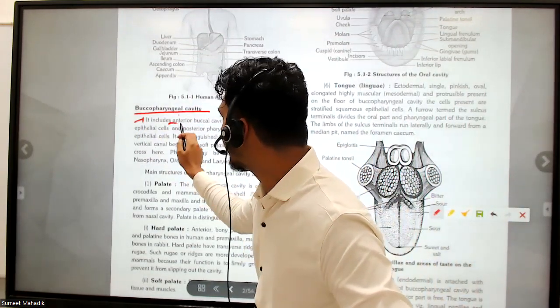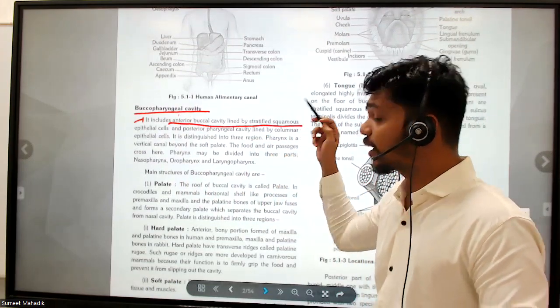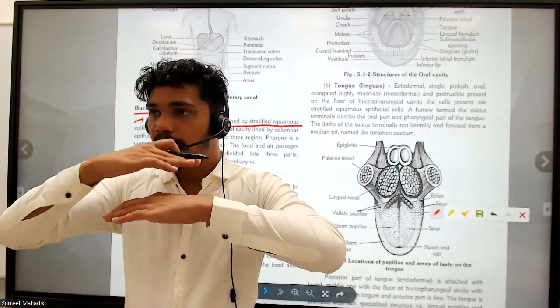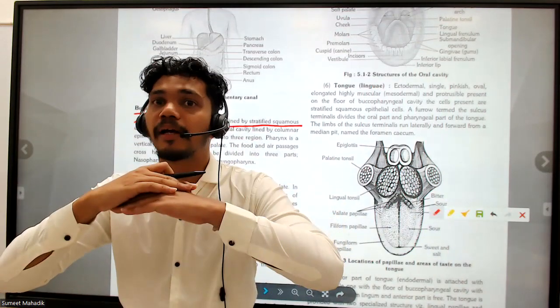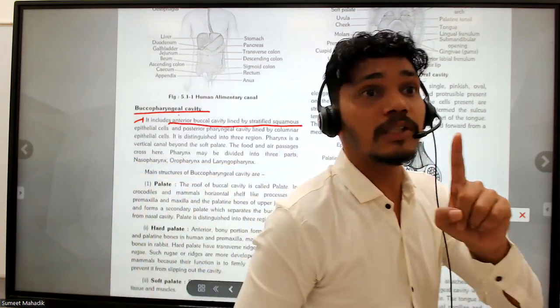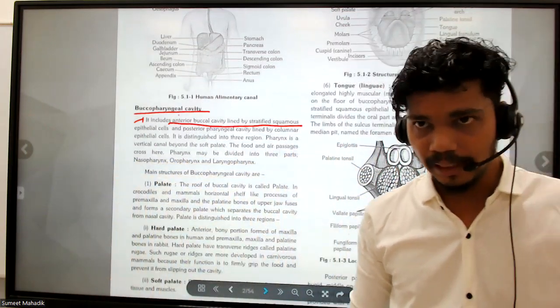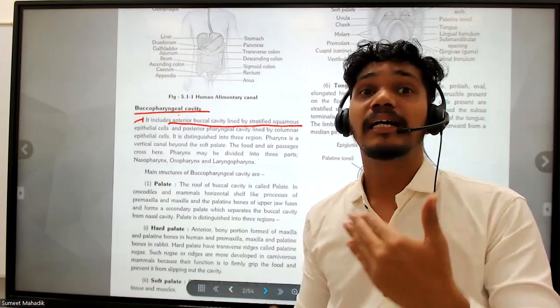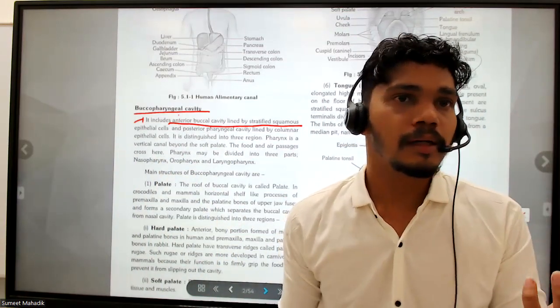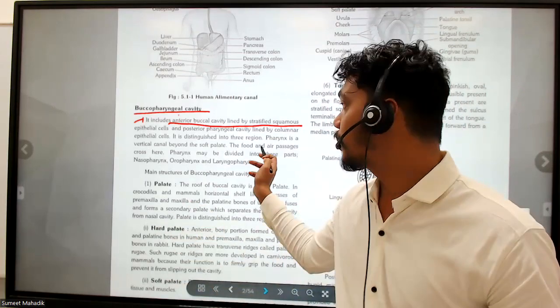It includes the anterior buccal cavity, lined by stratified squamous epithelium. What do you mean by stratified? Stratified means layers on top of each other. Squamous is the flattest epithelial cell, responsible for a single lining for protection and exchange. For example, in the alveoli of the lung, there is a single layer of squamous epithelium.